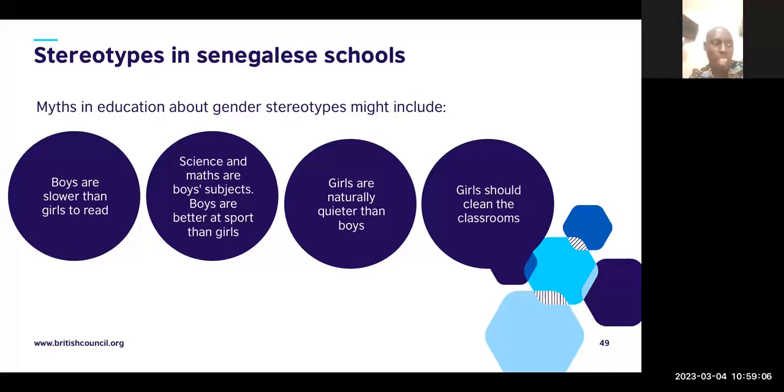Boys are better at sport than girls. Girls should clean the classrooms. I just want to say here in Senegal, sometimes whenever it comes to cleaning, we call girls, we say girls clean the classroom, clean the schoolyard, etc. It happens to me, and I am sure it can happen to most of you also. Next slide, please.